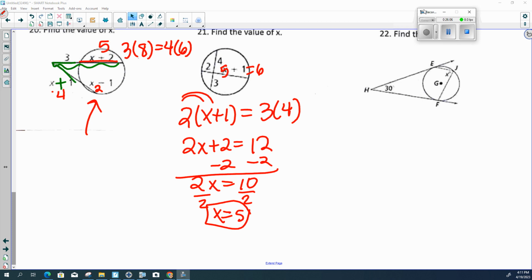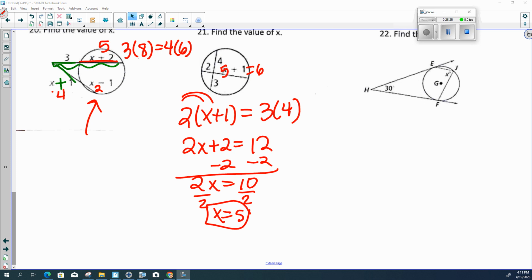What is this? This looks like angles outside a circle. Circumscribed. This looks like a couple different ones. The first thing it looks like to me is a circumscribed angle.